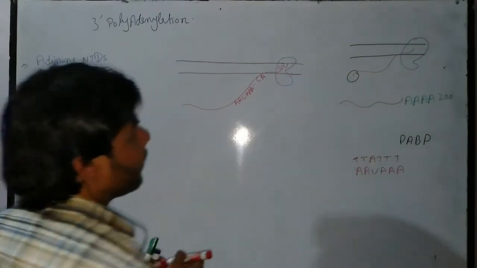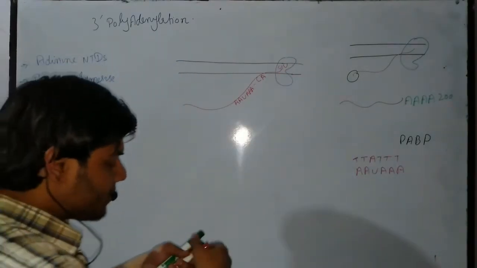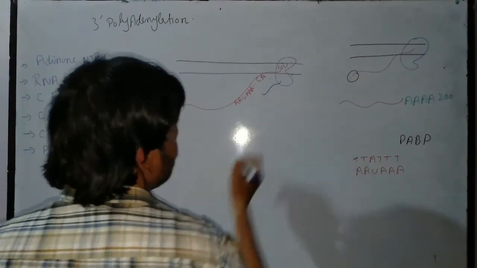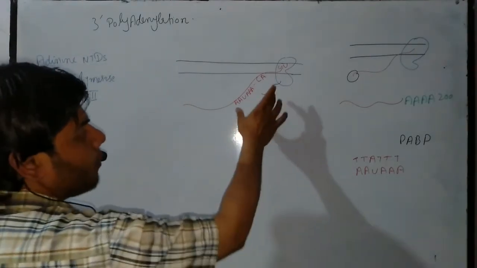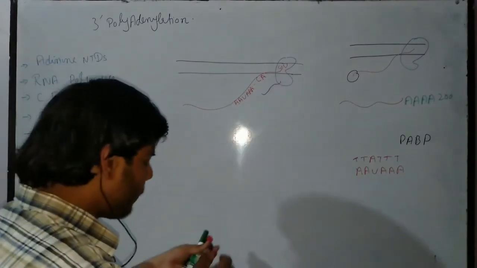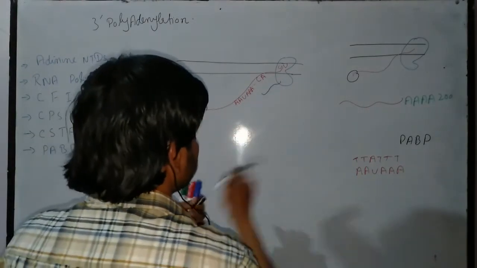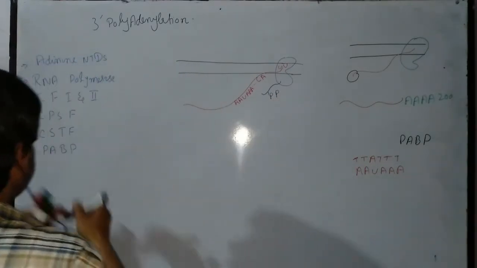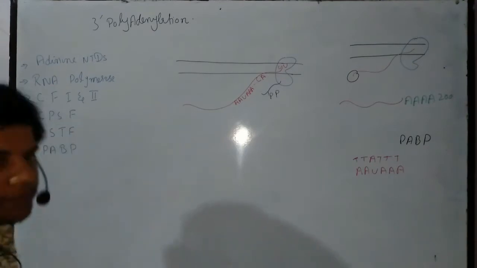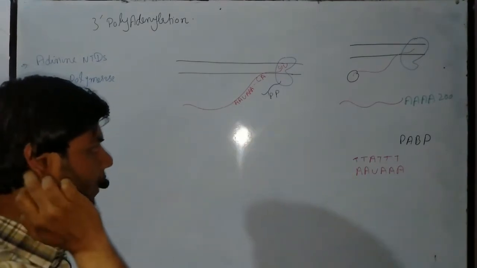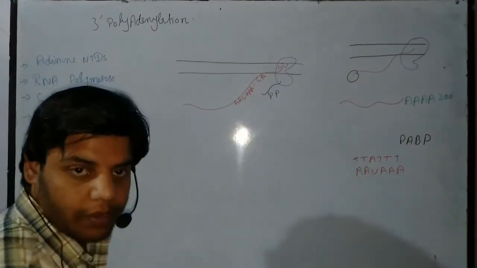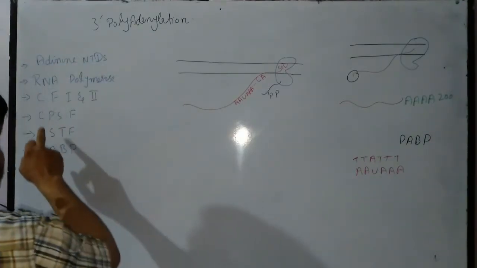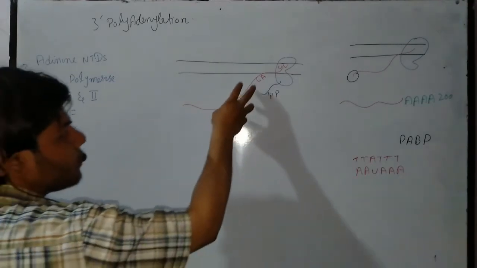Once it reaches that specific area, the RNA polymerase has a C terminal, and with this C terminal we have two proteins, CSTF and CPSF. These two proteins get activated, and first of all CPSF binds to this area.